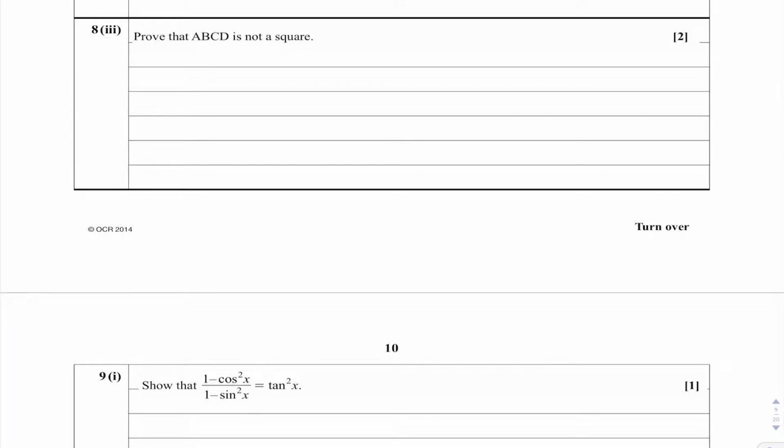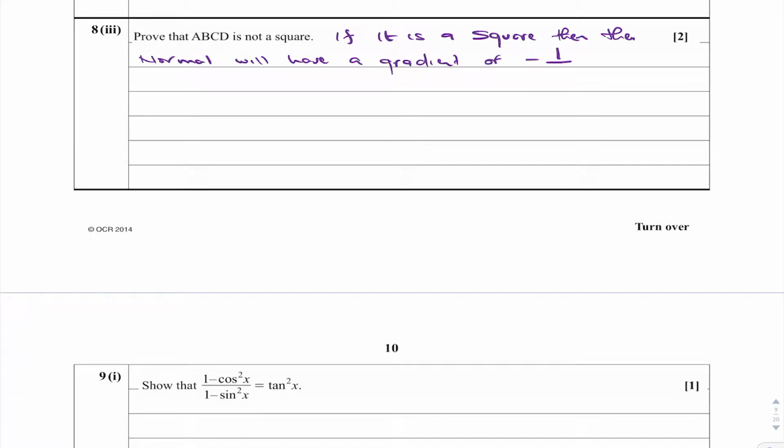If it is a square, then the normal will have a gradient of minus 1 over the tangent gradient, m_T.